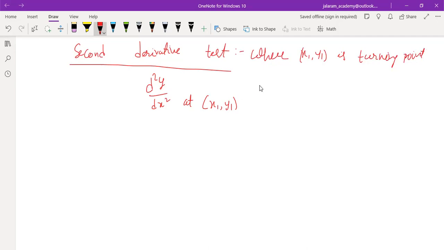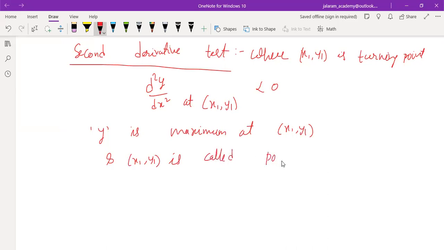When we find d2y by dx square at the turning point, if it is negative, then y is maximum at x1 comma y1, and x1 comma y1 is called the point of maximum, as at this point the curve is getting its maximum value.